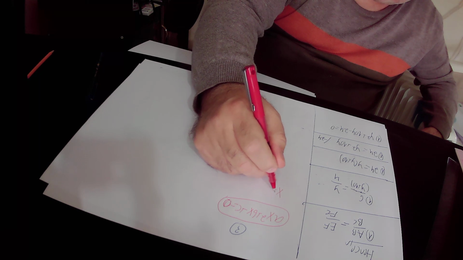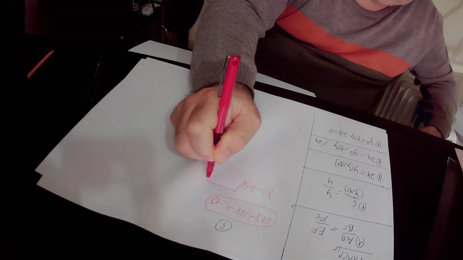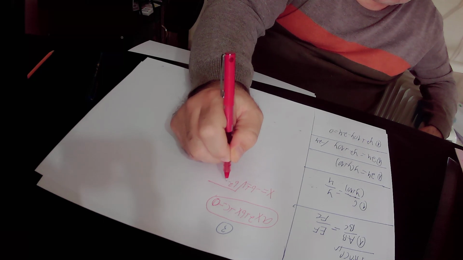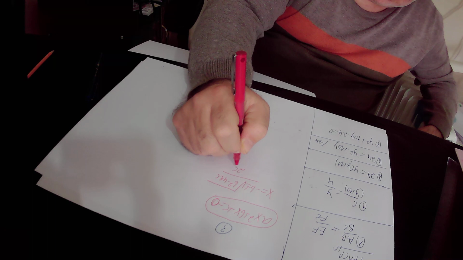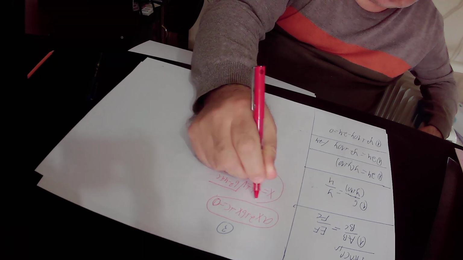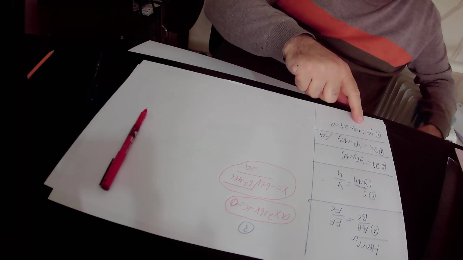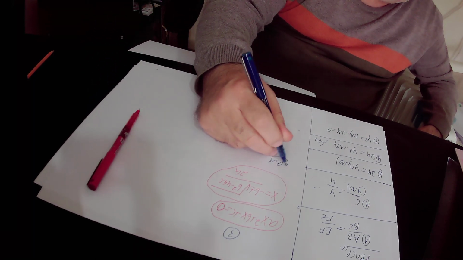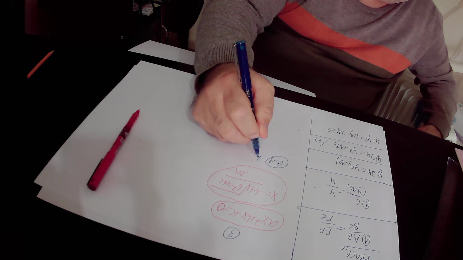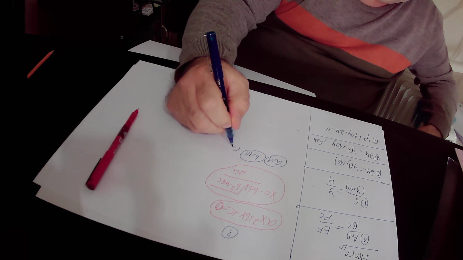X is equal to minus b plus or minus the square root of b squared minus 4ac, over 2a. In our specific quadratic equation, the coefficient a is equal to 1, the coefficient b is equal to 10, and the coefficient c is equal to minus 24.